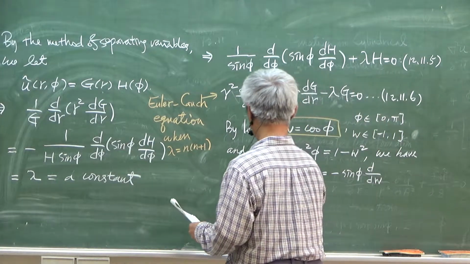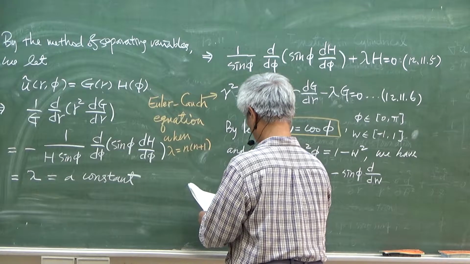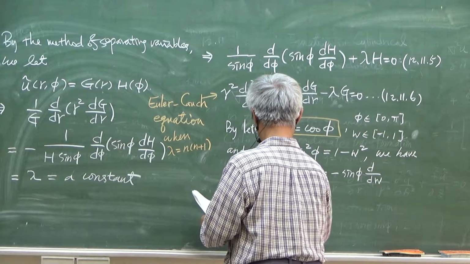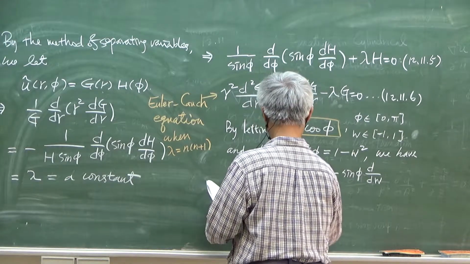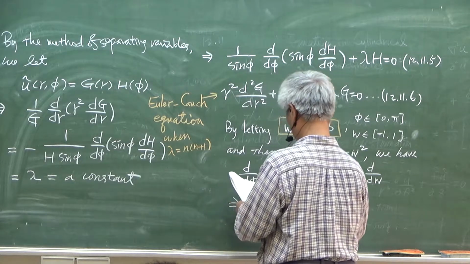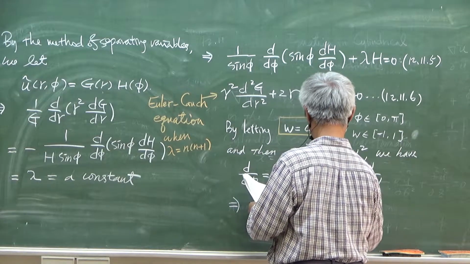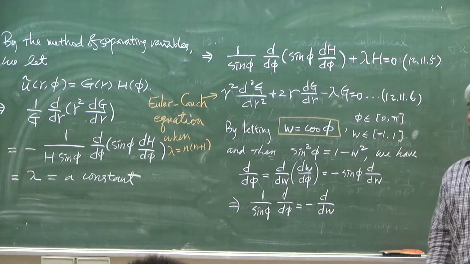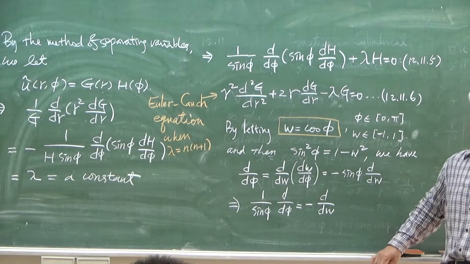So that implies that 1 over sin phi d phi is equal to minus dw. This is the reason why we make such a change of variable.